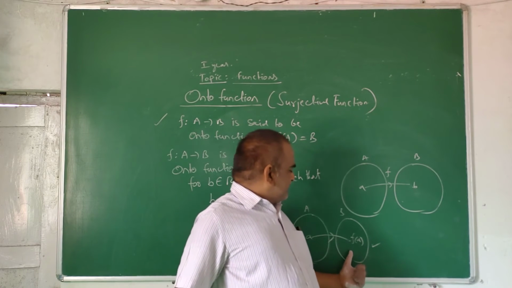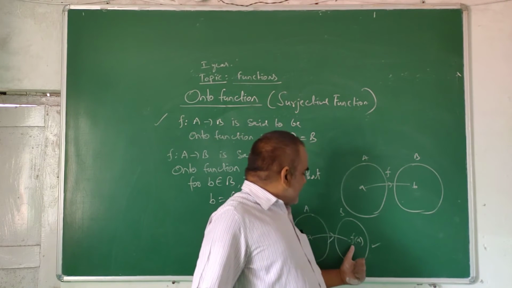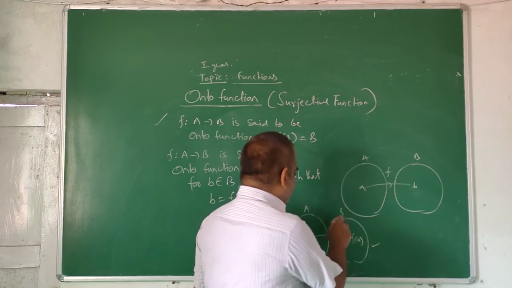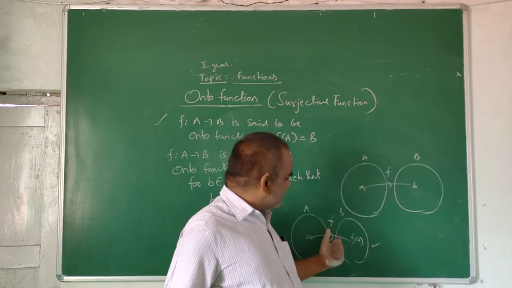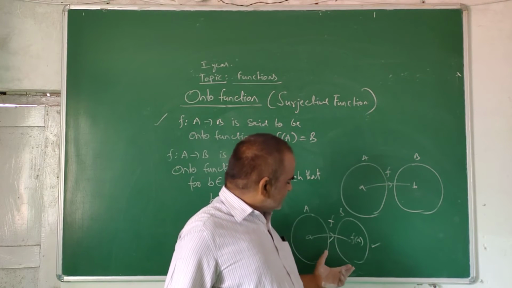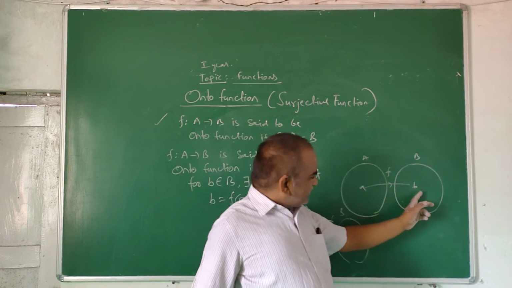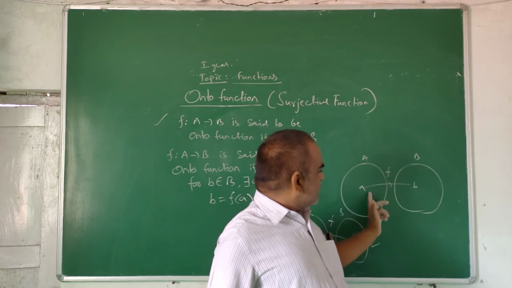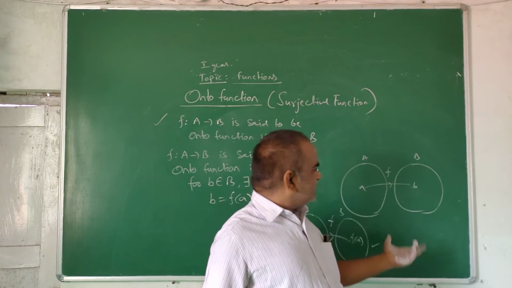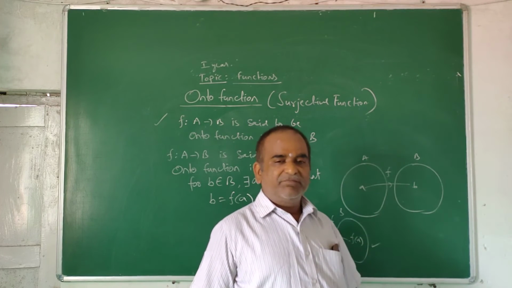A has an image f of a. Obviously, under f, a has an image f of a. It is valid in any function. But if you are justifying this b, for any b as f of a is equal to b, then it is onto function. Understood?